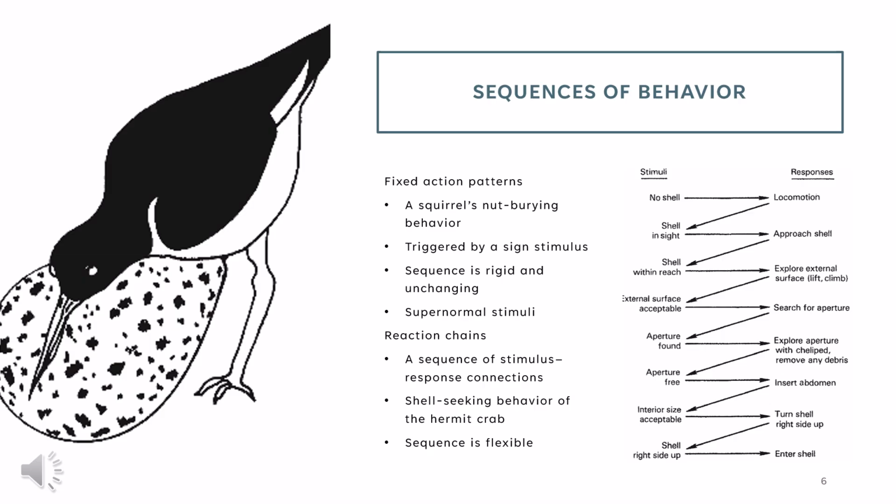And so they define the releaser, which would be the key stimulus that unlocks the FAP, which emphasizes stimulus configuration, or shape or motion, over fine details. And so we highlight the limitedness in the sequence, which is rigid and unchanging.